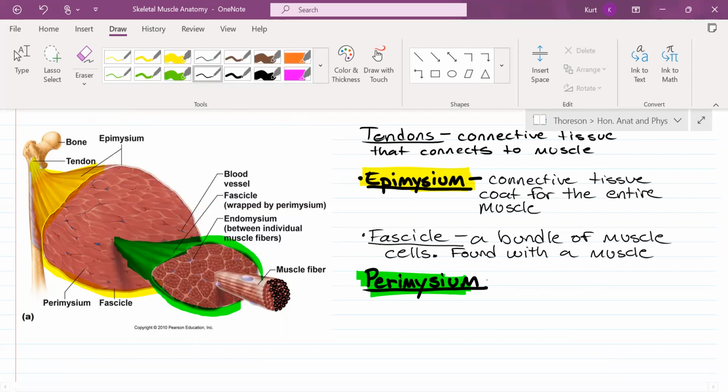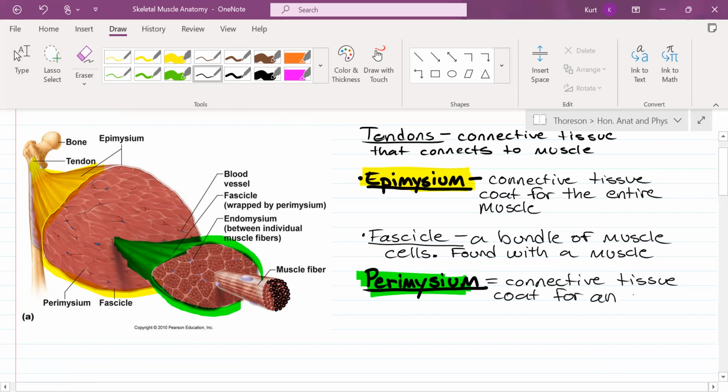The perimysium is a connective tissue coating on a fascicle. Yes, Melanie. Yes.